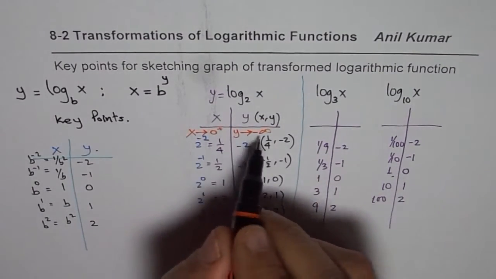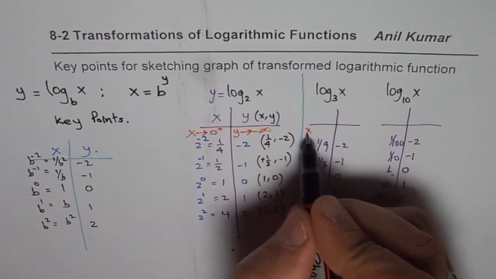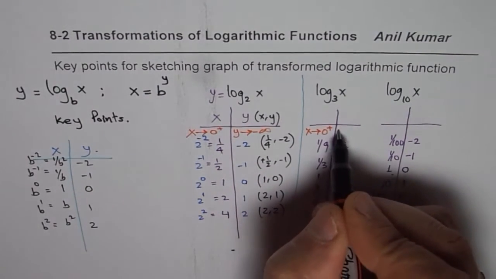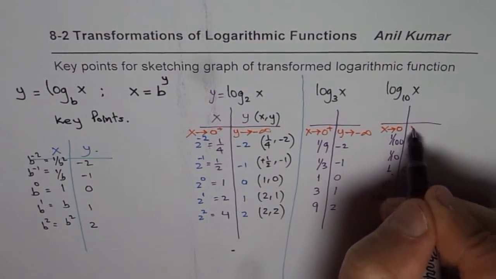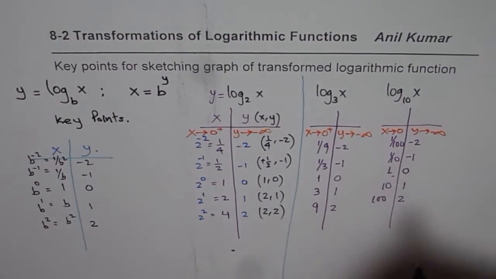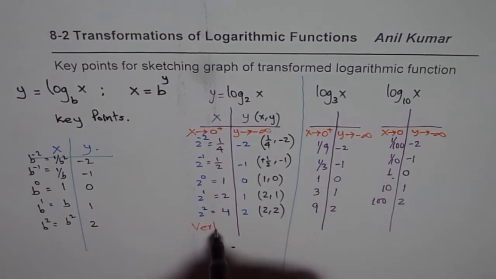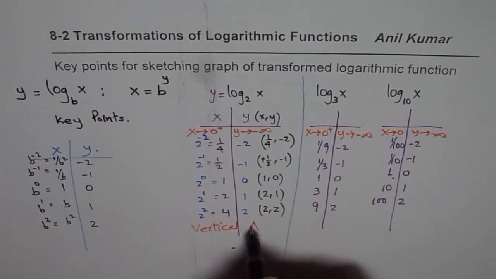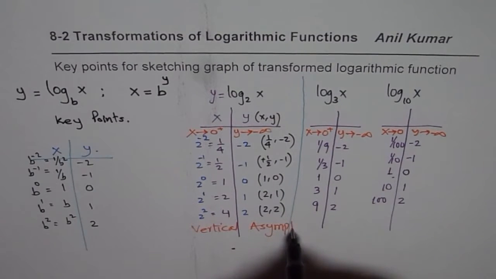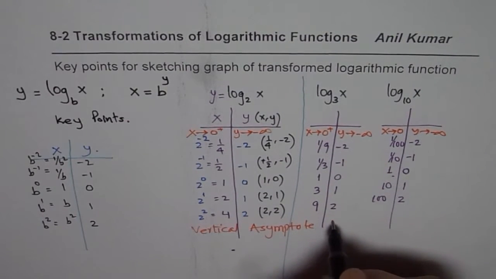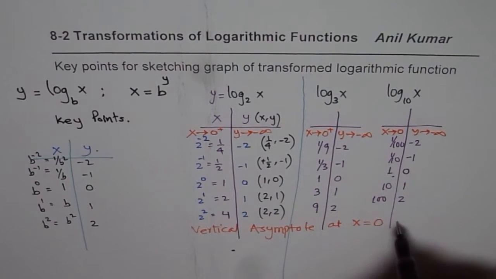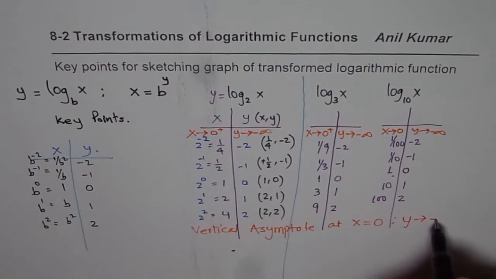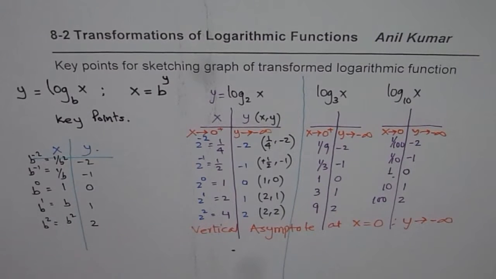Now this is standard for any log function, right? So you can just remember it. If you can't understand, just remember, okay? So when x approaches 0, y approaches negative infinity, and we say we have a vertical asymptote at x equals 0. Do you understand? And at that time, y is approaching negative infinity. Perfect. So that is how it is going to be.